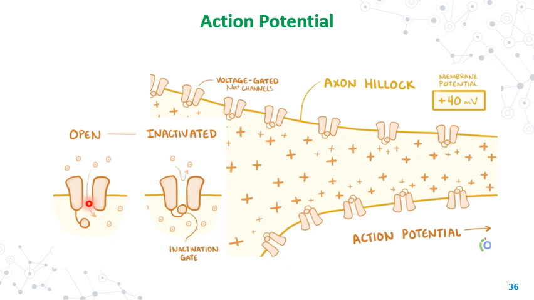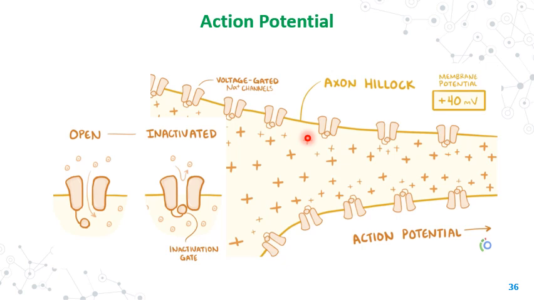So it opens at threshold, then inactivates at positive voltage, and is going to stay inactive until the sodium-potassium pump pumps out enough charge for this thing to get back to the regular closed conformation. So this is all protein conformation.